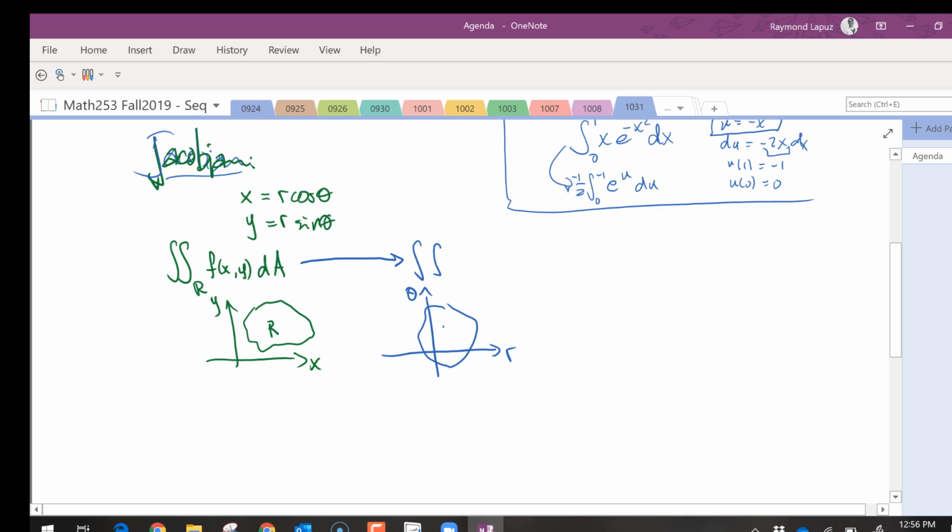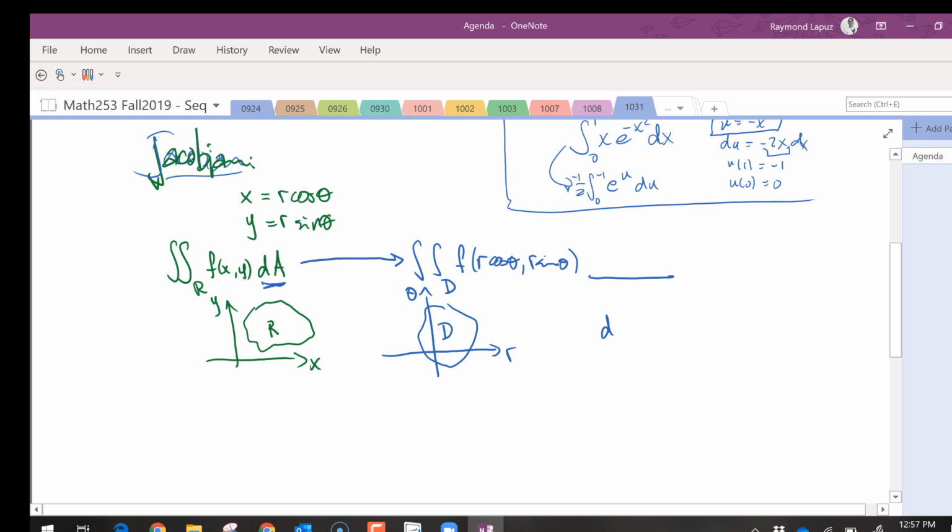Let's call this one d. I think they call it r star or something, but anyways, we'll call it d. And hopefully it's something easier to deal with. And then our function also changes. Instead of x, we have r cosine theta. Instead of y, we have r sine theta. Now the question is, what happens to the dA?